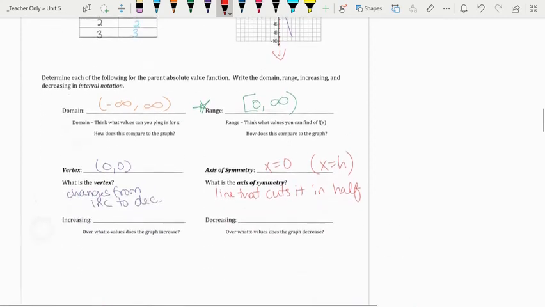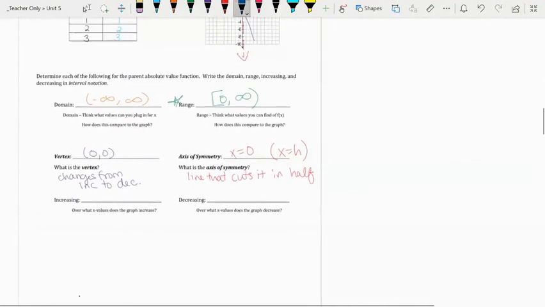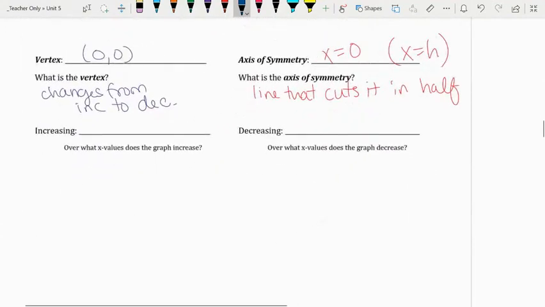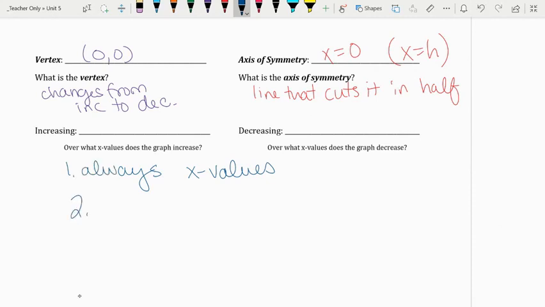And then let's talk increasing and decreasing. Remember there were two big things. Always you're talking about your x values, and you always use parentheses.